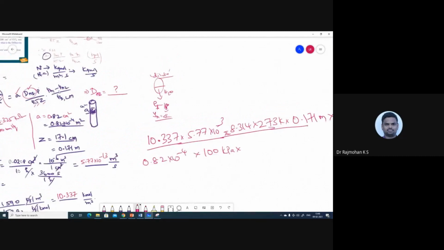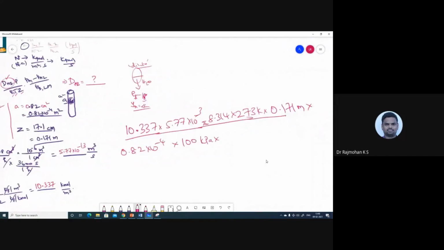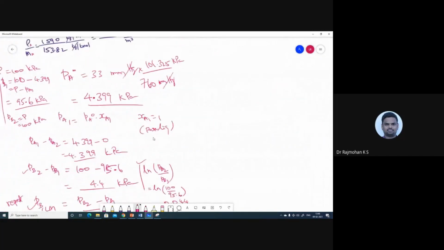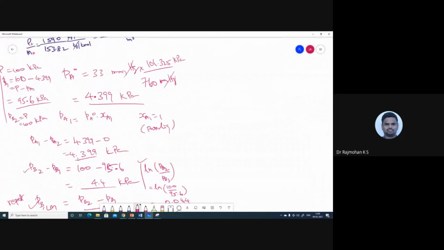so this two will go to the other side. PB logarithmic mean will be in the numerator, PA1 minus PA2 will be in the denominator. So the PA1 minus PA2 value we have calculated to be 4.399.